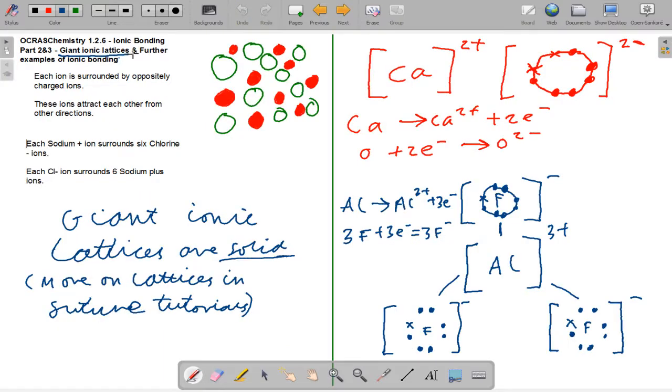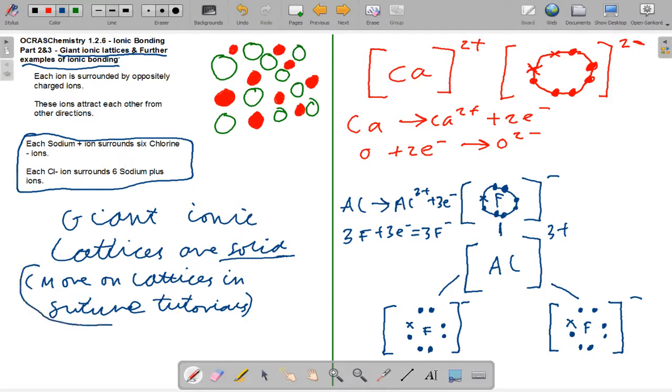Giant ionic lattices and further examples of ionic bonding. Each ion is surrounded by oppositely charged ions. These ions attract each other from other directions. Each sodium plus ion surrounds 6 chlorine ions, and each chlorine ion surrounds 6 sodium plus ions. So giant ionic lattices are solid.